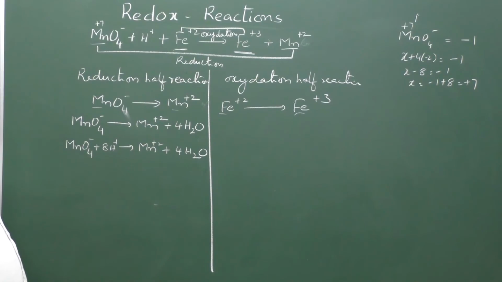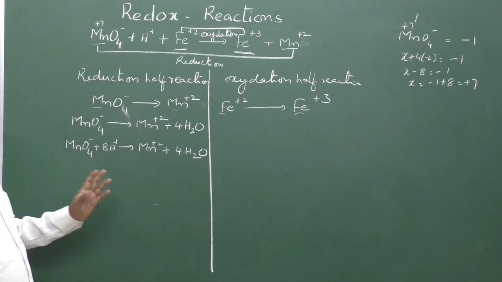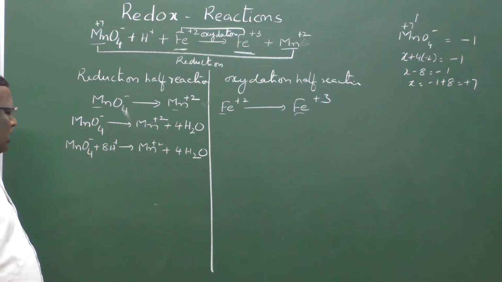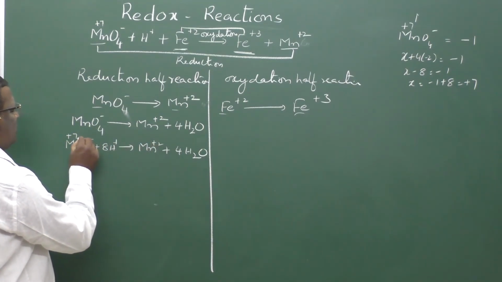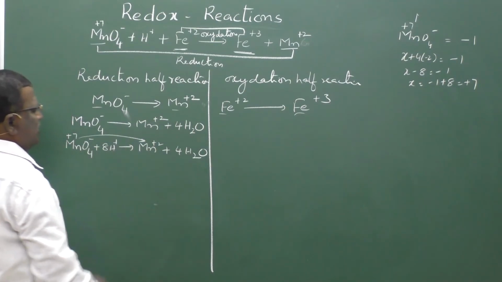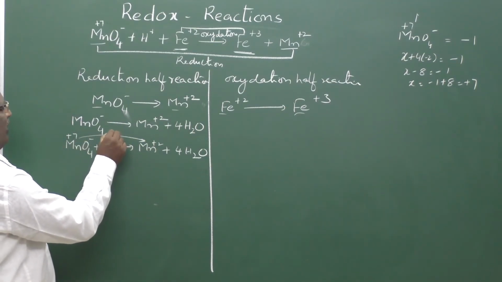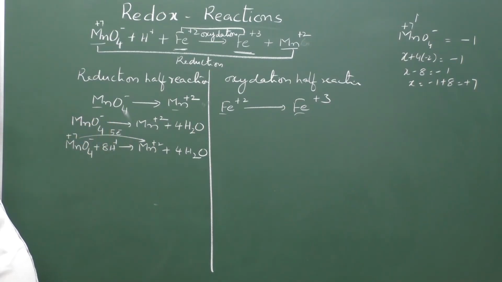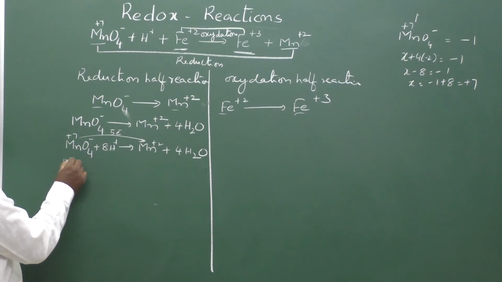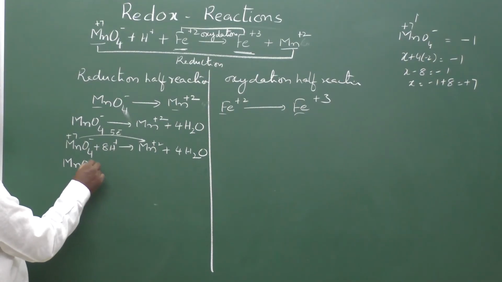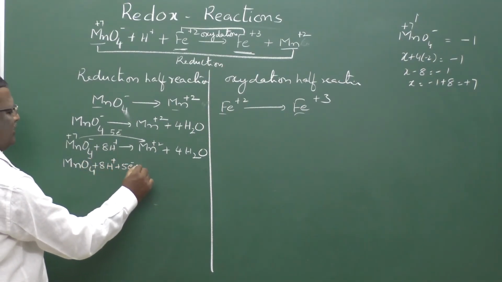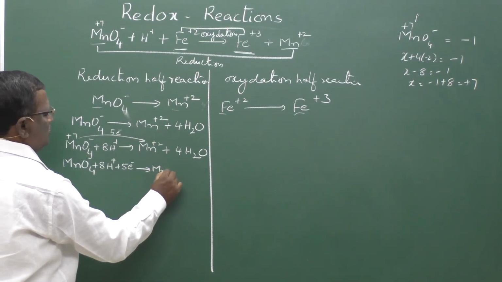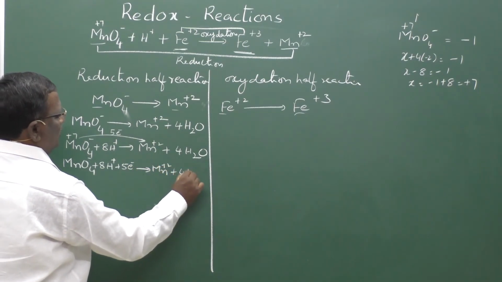Now hydrogens are balanced. Then electrons have to be balanced. Here the oxidation state of Mn is plus 7, and here it is plus 2. The change from plus 7 to plus 2 is possible only when 5 electrons are absorbed. So you have to mention those electrons in the reactant side of this half reaction: MnO4 minus plus 8H plus plus 5e minus gives Mn plus 2 plus 4H2O.